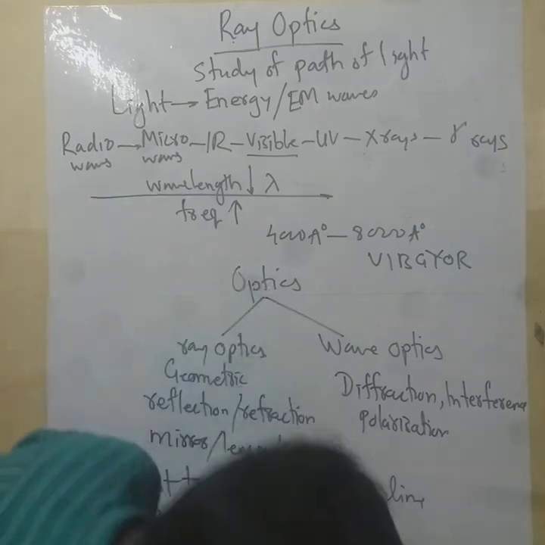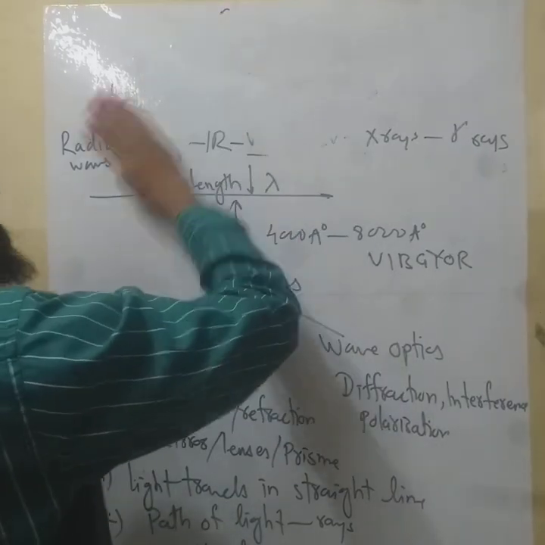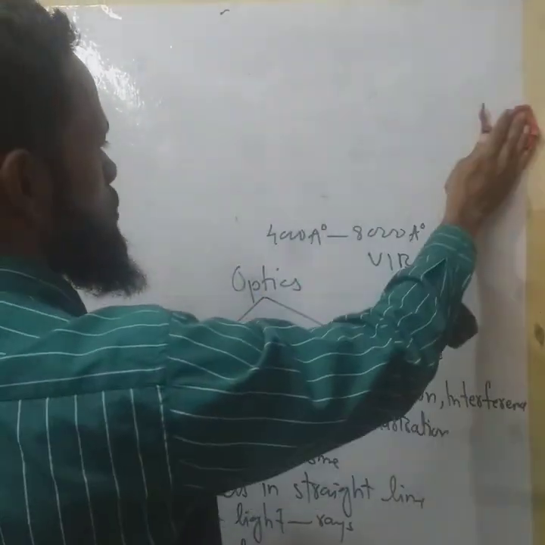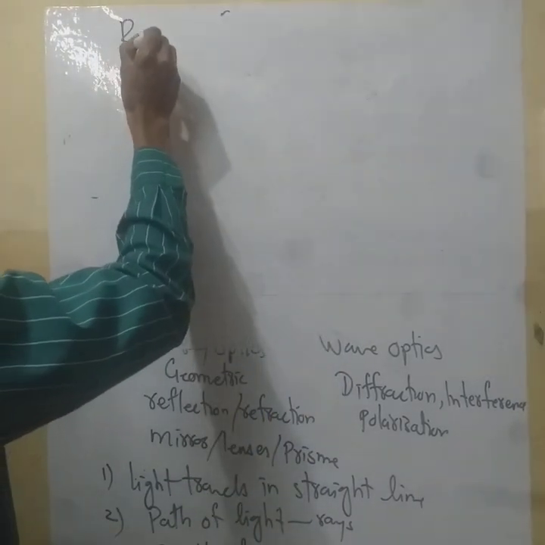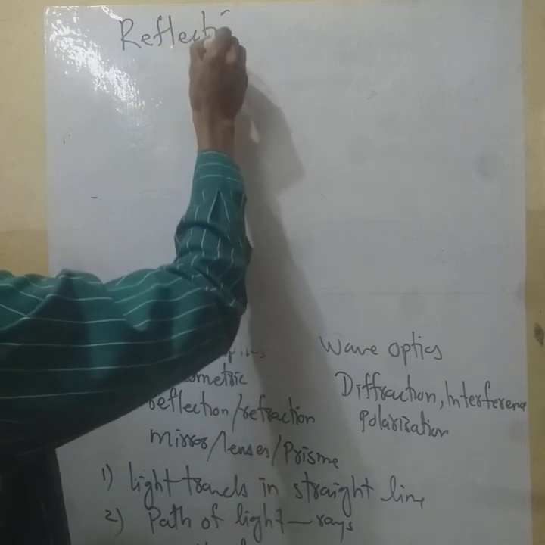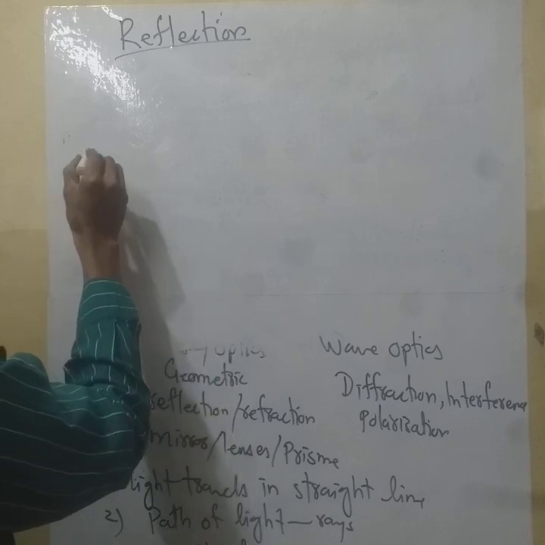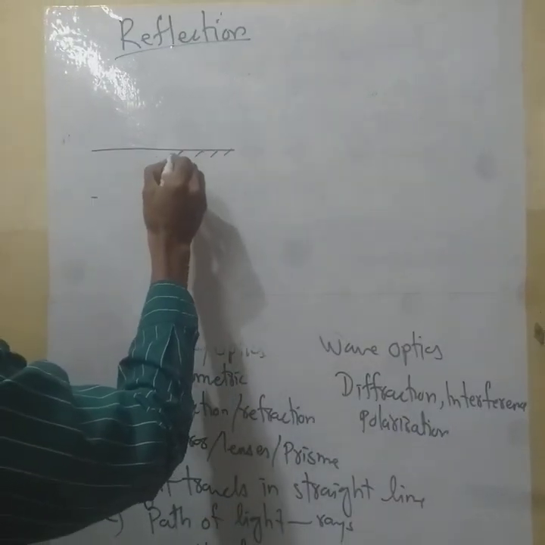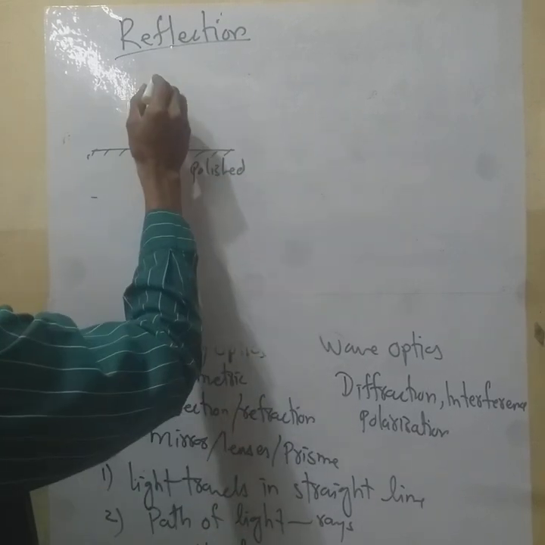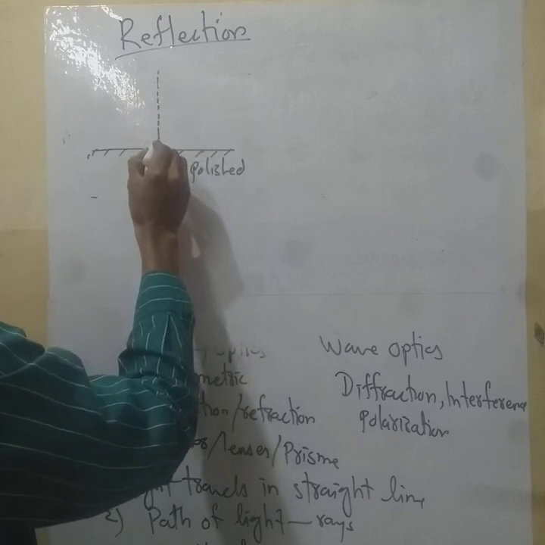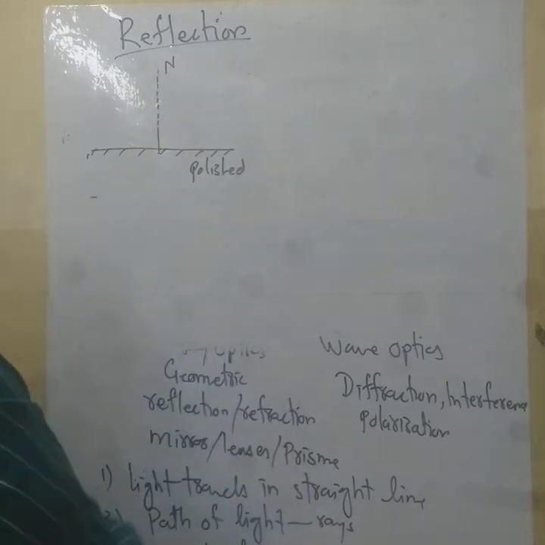Now we will study reflection of light by plane surfaces. Here we will see reflection and different cases in detail. Suppose we have a plane polished surface, and we draw a line perpendicular to this surface, that is called the normal to this plane surface.